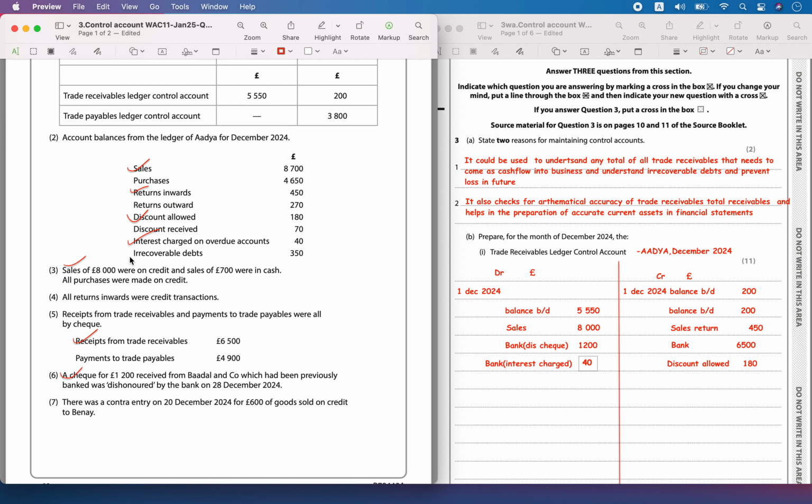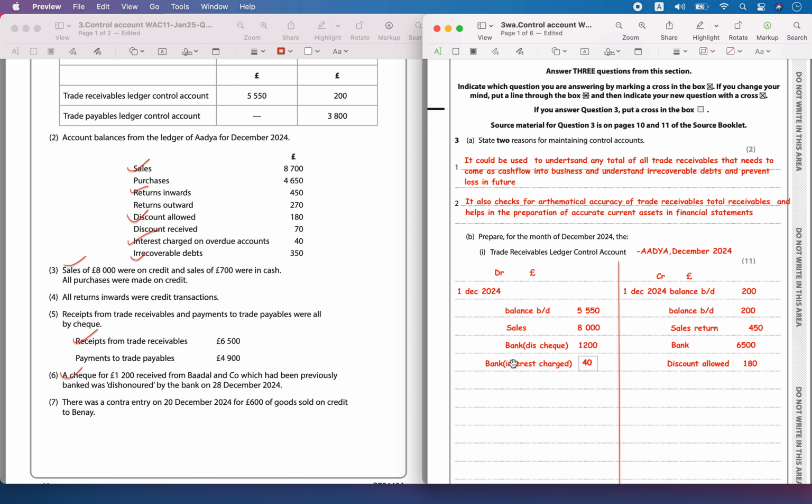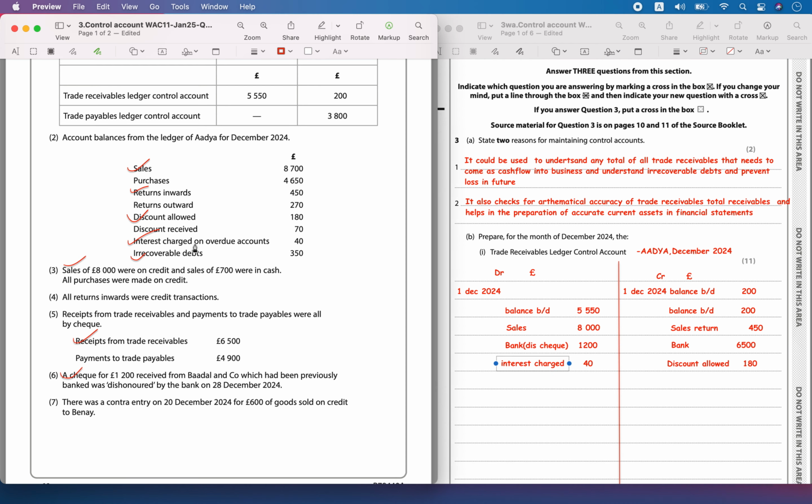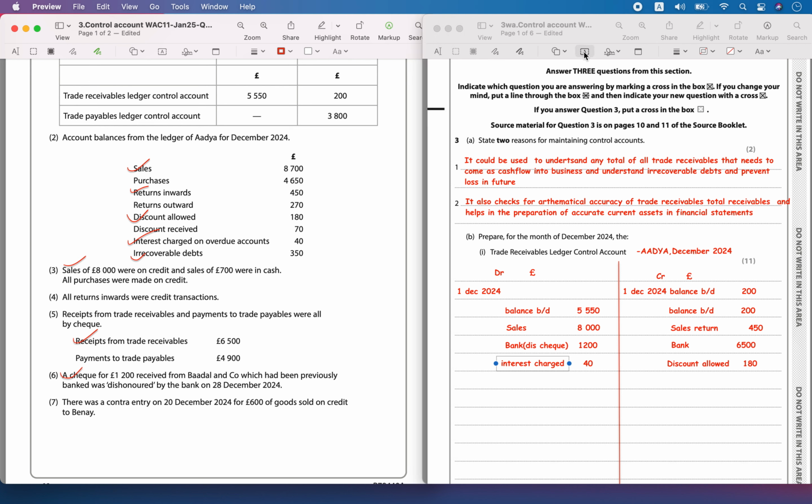Here they have probably not maintained a separate interest account. The irrecoverable debt was 350. So 350 had become irrecoverable.